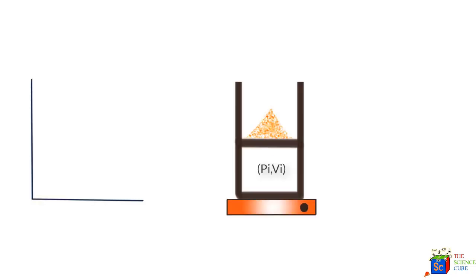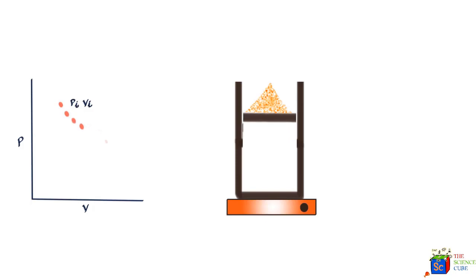So this is the initial starting point when the gas is at pressure Pi and volume Vi, and when we remove a few grains of sand, the volume increases and the pressure reduces, and then we again remove a few grains and the volume further increases and the pressure further reduces. We keep doing this till we reach V final and P final.